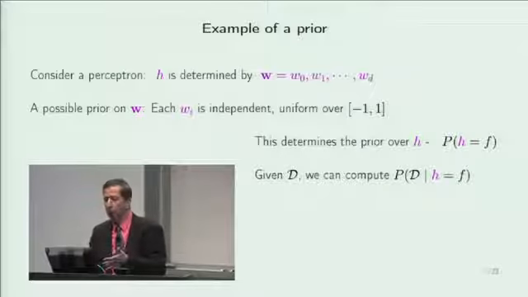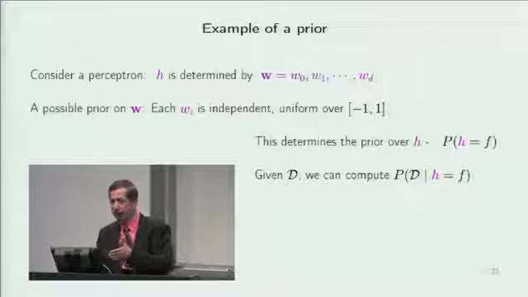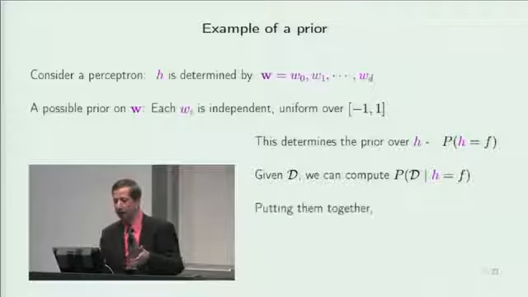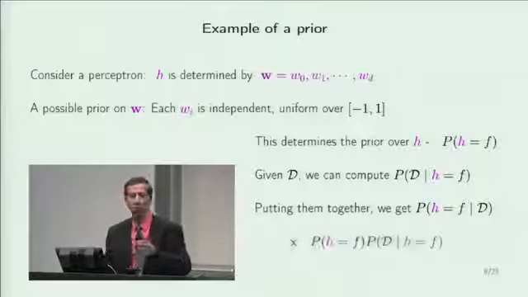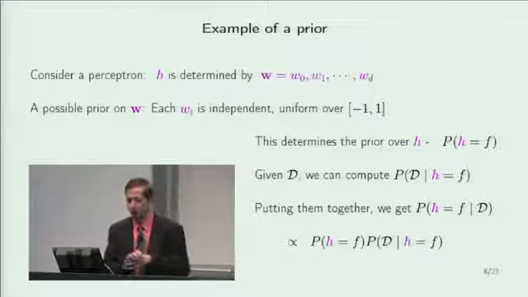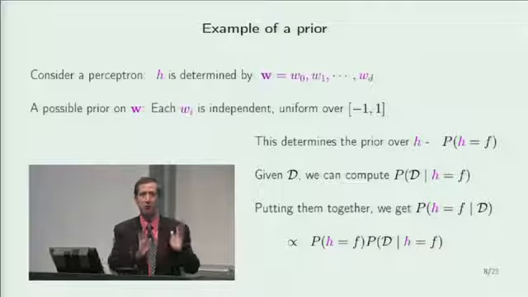You compute the probability of the data given H, and then you multiply them, and you get what you want, which is the posterior, at least proportional to the product of the two. So this is a concrete example if you want to apply this.